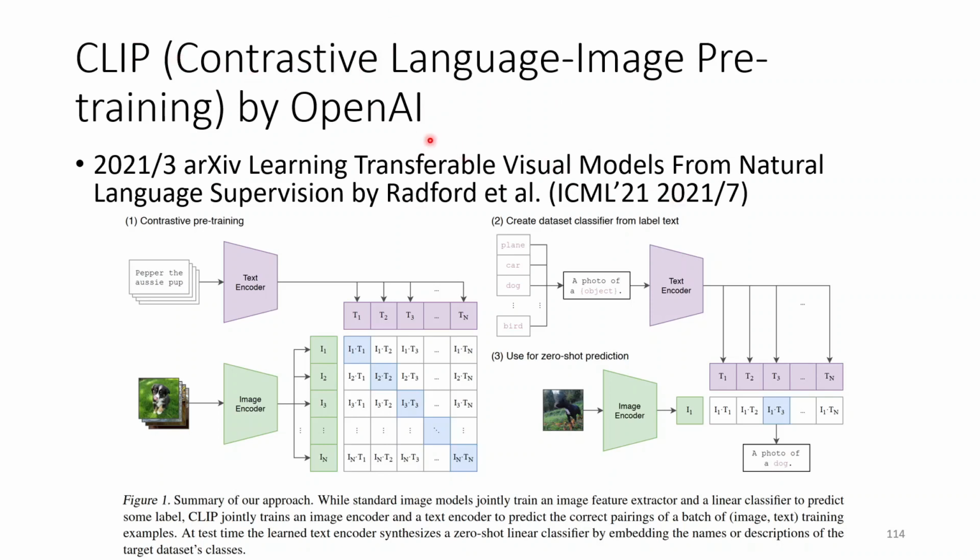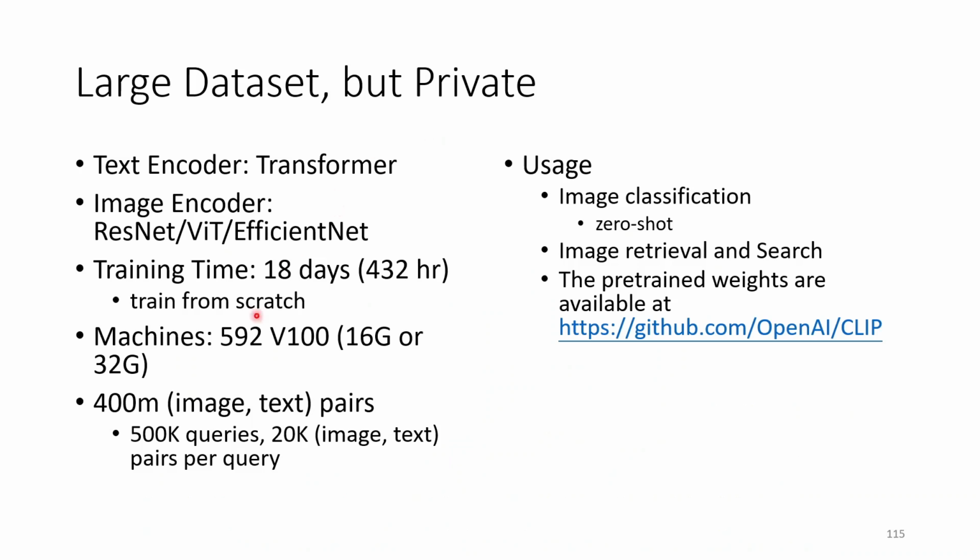Now you all know OpenAI is the company of ChatGPT. They trained on a very, very huge dataset. How huge is it? There are 400 million image and text pairs.